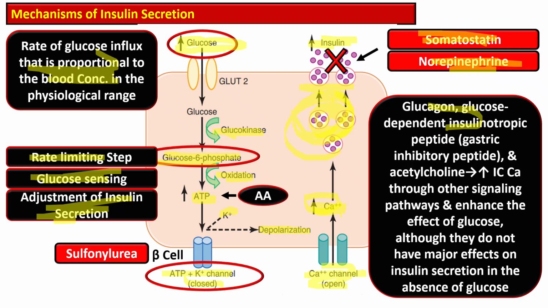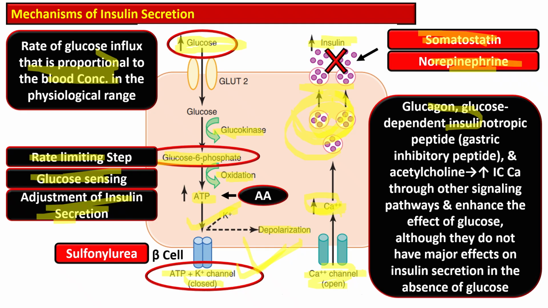Sulfonylureas that are used in type 2 diabetes stimulate insulin secretion by blocking ATP sensitive potassium channels, mimicking the ATP effect. So the insulin secretion is a multi-step process. The glucose has entered, it is converted into glucose 6 phosphate via glucokinase, then ATP increases.